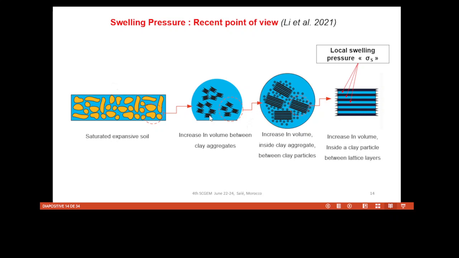So the increase in volume when we have water infiltration between the clay aggregates or inside the clay aggregates, this corresponds to the swelling phenomena. So the swelling pressure is a local value that exists inside a clay particle between lattice layers, and this is of course somehow different, for example, when we talk about the water pressure between the particles.